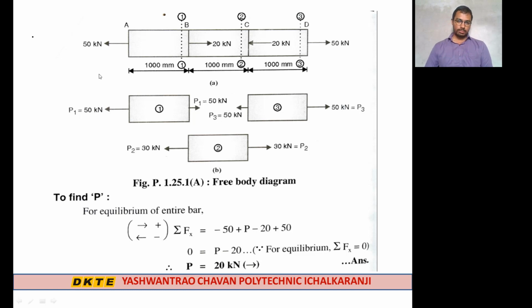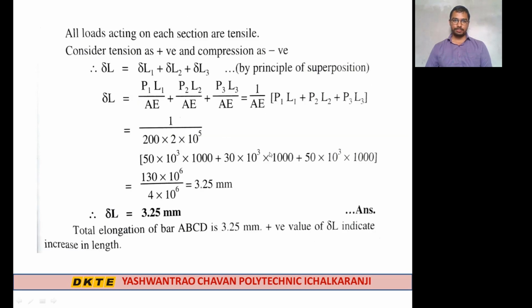Now calculate the change in length for the first section, second section and third section. All loads acting on each section are tensile. Consider tension as positive and compression as negative. Total change in length dL is equal to delta L1 plus delta L2 plus delta L3 by the principle of superposition.